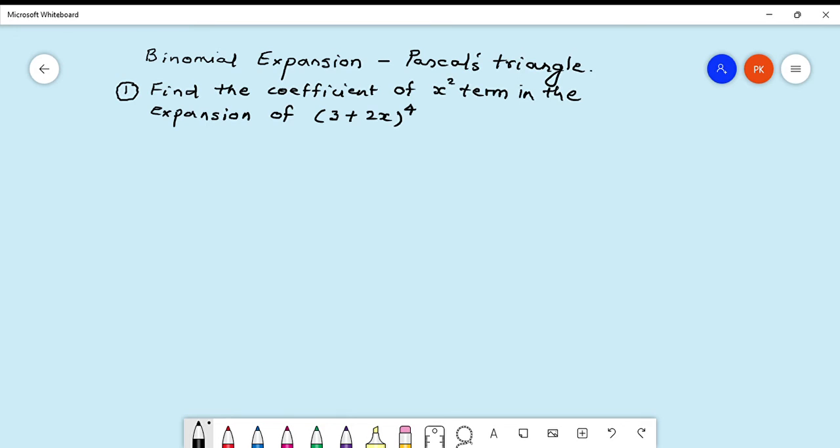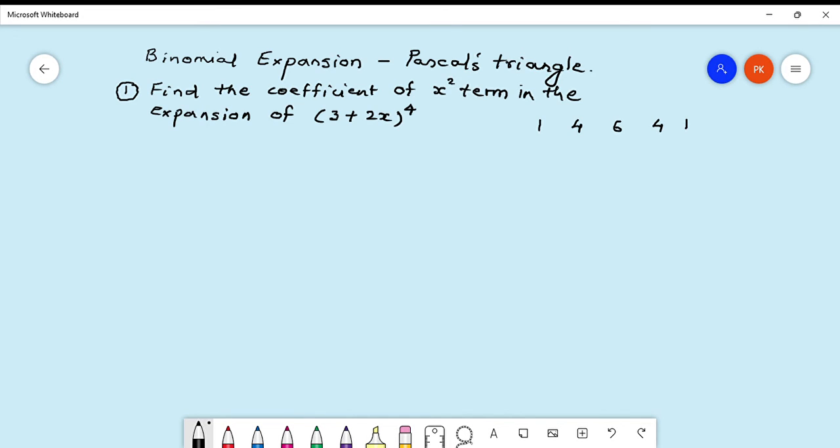do the full expansion. Only keep the pattern in the mind. Now, when it is the expansion in the form (a + b)^4, what are the coefficients? 1, 4, 6, 4, 1.